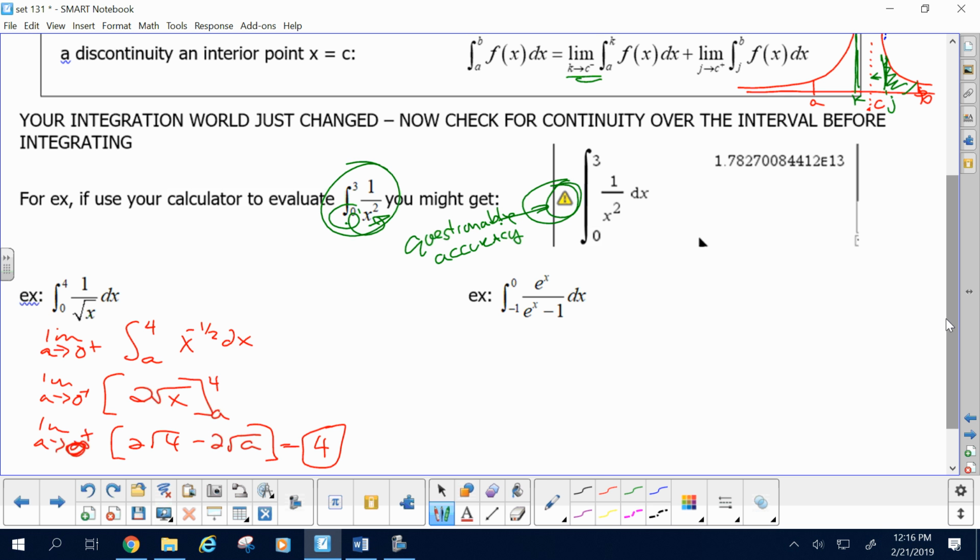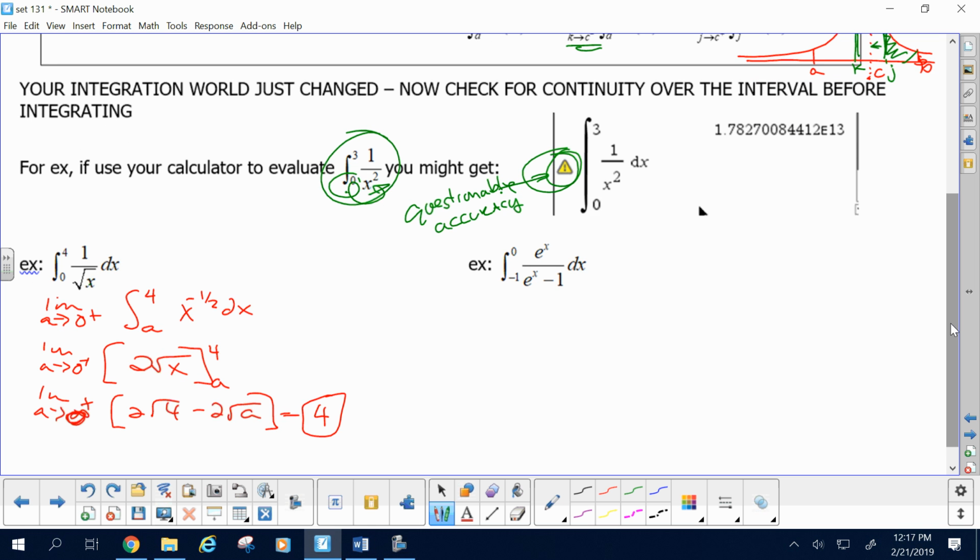All right. Try the next one on your own. Hopefully you're finding you have a discontinuity at 0, which is the right end point, the right edge.